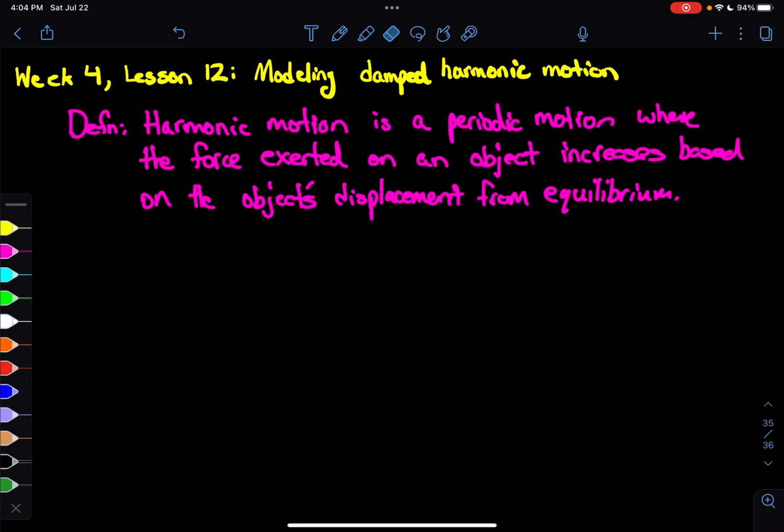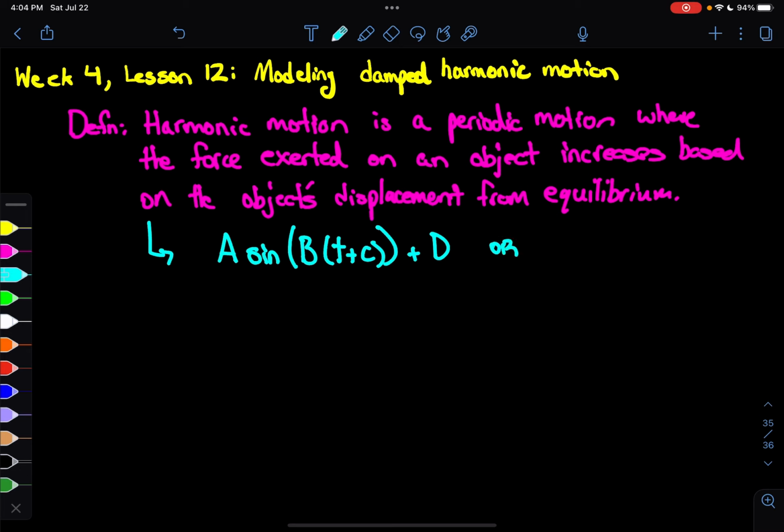Sure, you could model this using something like sine of bt plus c, plus d. Or we could use cosine of bt plus c, plus d.